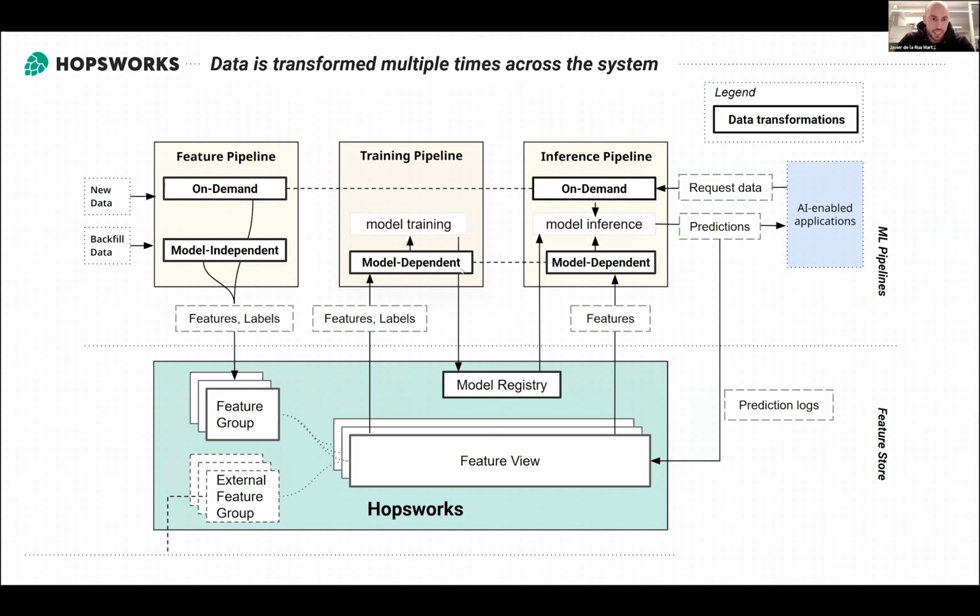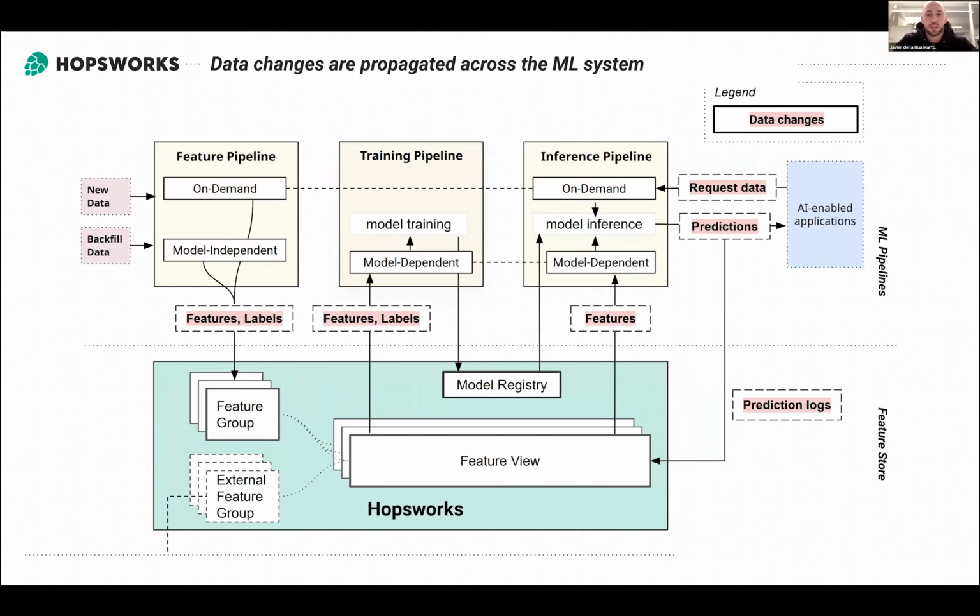So in this sophisticated scenario where we see different data transformations, there are several things that can go wrong here. First of all, there might be code changes that can introduce undesired data changes in your features, and later on affect the rest of the system. And also there can be data changes.